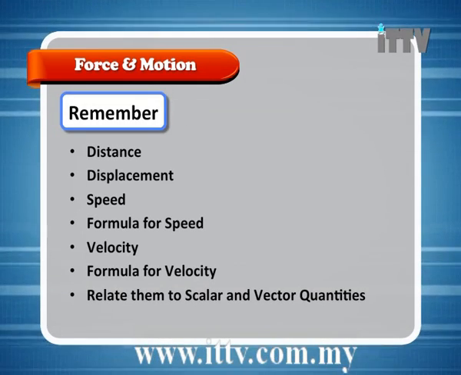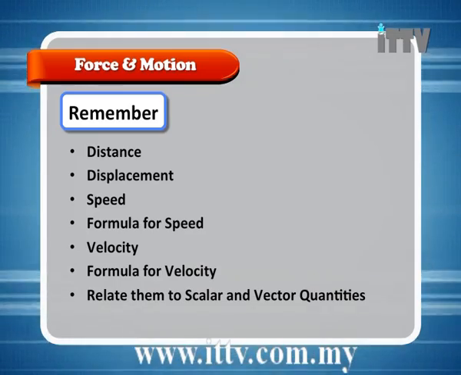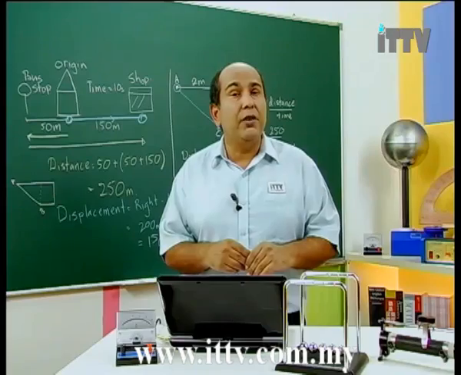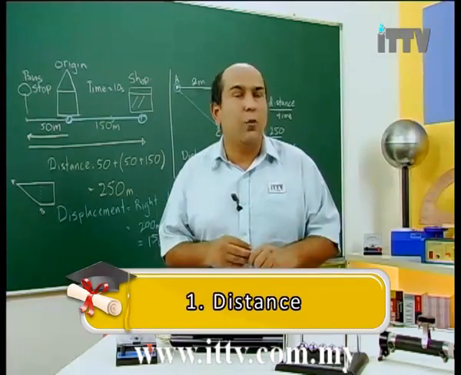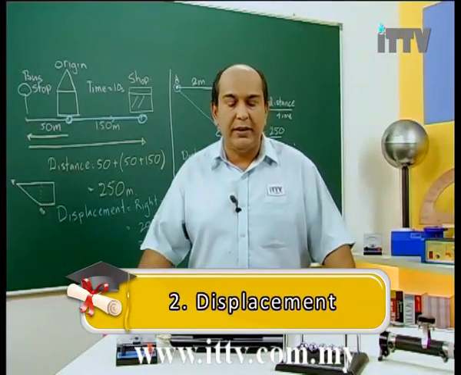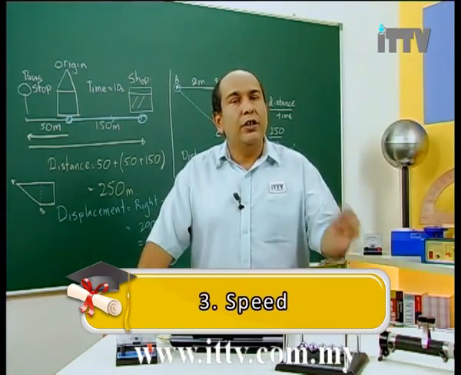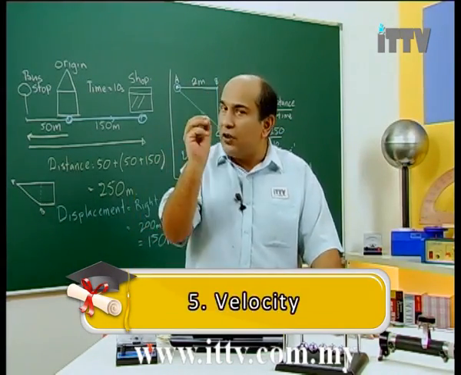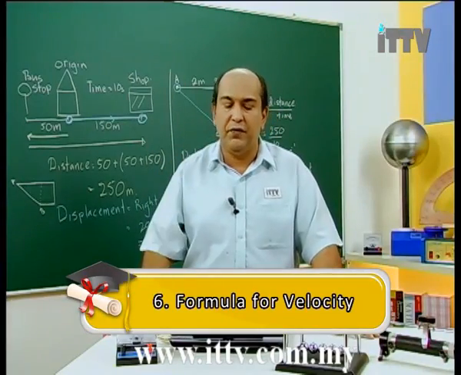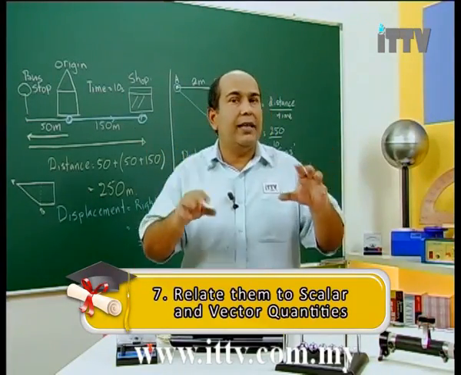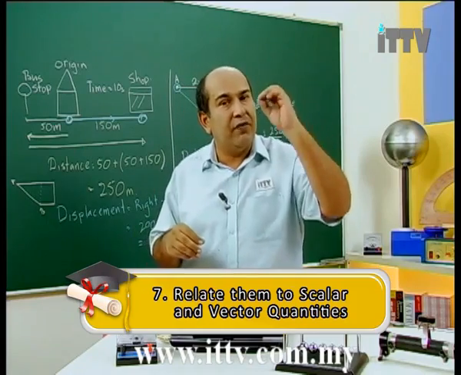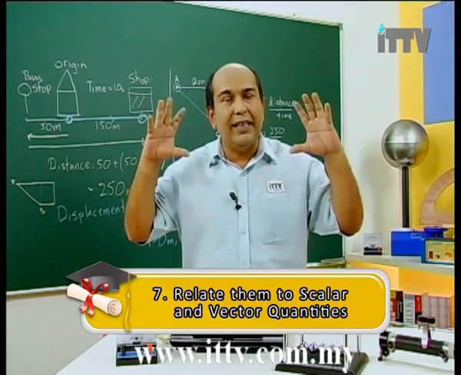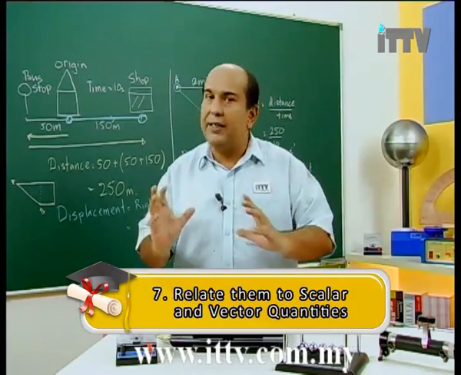So remember, for the first topic that we've looked at in this chapter, topic 2.1, you have to understand distance and what it means. Displacement, what does it mean? You need to know speed and the formula for speed. You need to know velocity and the formula for velocity. You need to relate speed, displacement, velocity, and distance to the idea of scalar and vector quantities.